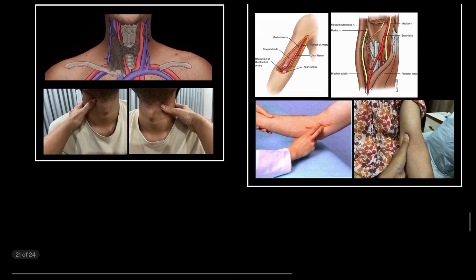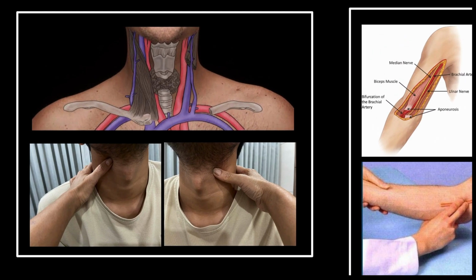Starting off with the carotid artery. The location of carotid artery pulse is at the intersection of the anterior border of sternocleidomastoid muscle and the superior border of thyroid cartilage. So right here is the intersection between the superior margin of thyroid cartilage and the anterior margin of sternocleidomastoid muscle. This is where you are going to keep your thumb and palpate the carotid pulse.